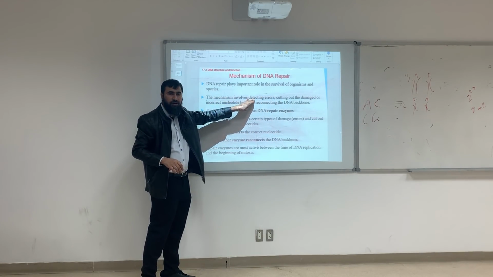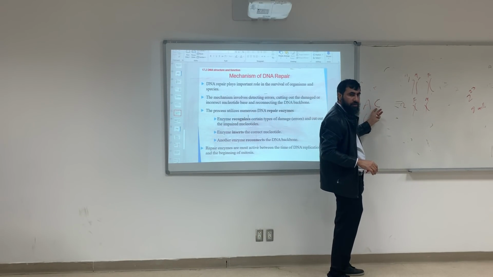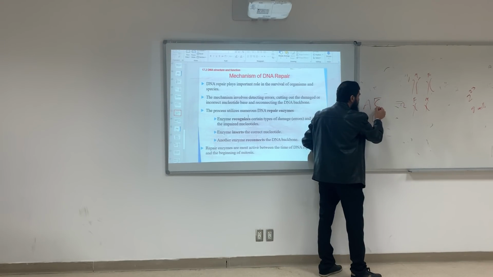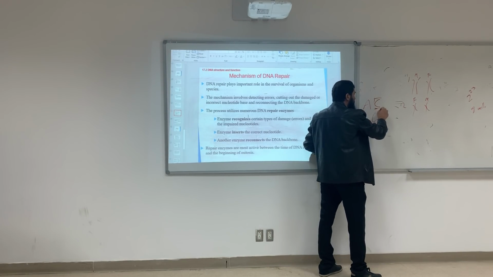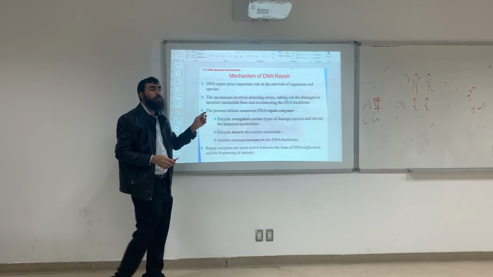Enzymes that detect errors. It'll come and read it and it'll say, oh, this is wrong. Then enzymes will cut this out, okay? And replace it with the correct one, and then connect it back, okay?